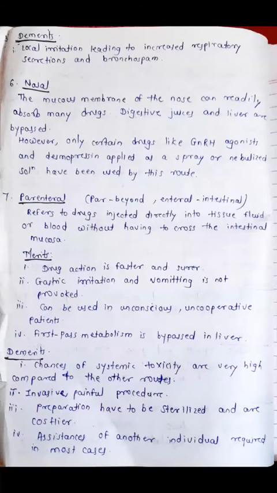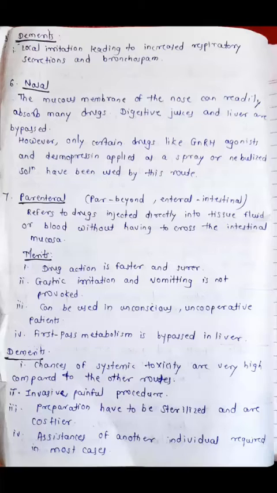Now we will talk about the nasal route of drug administration. The mucous membrane of the nose can readily absorb many drugs. So this route is used. Digestive juices and liver are bypassed.